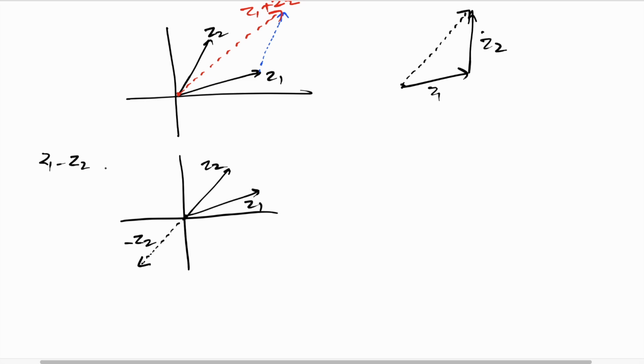Now z1 minus z2 basically means z1 added to minus z2. So I have to carry out the addition operation for z1 and minus z2. This is minus z2, I'll just draw it here, and then I'll connect the tail with the head like this. So this is my complex number z1 minus z2.